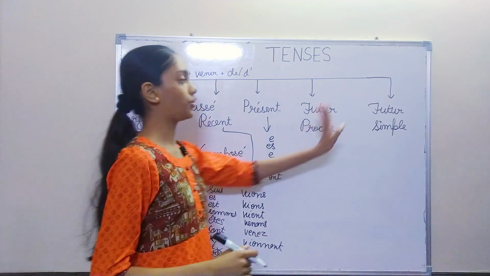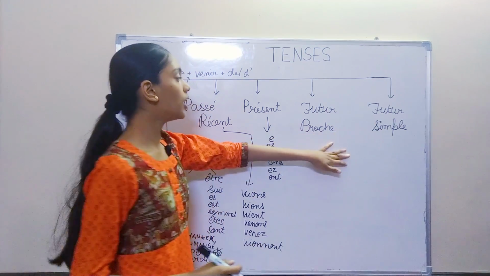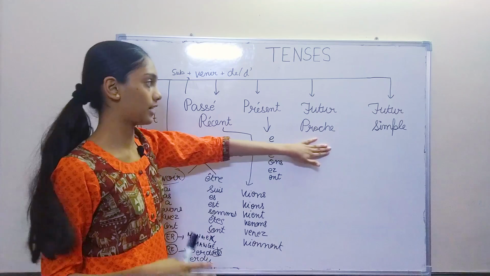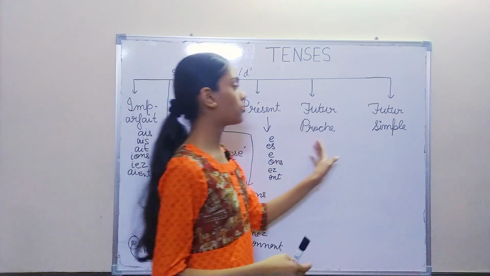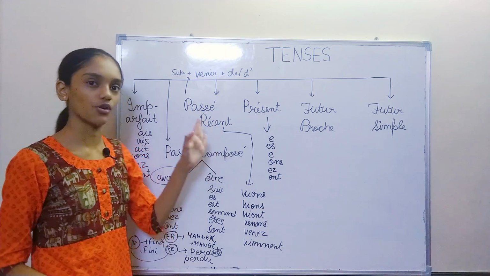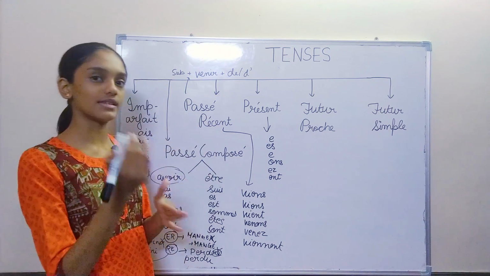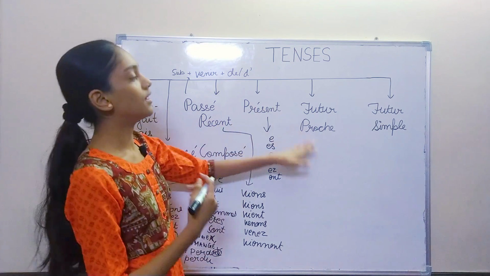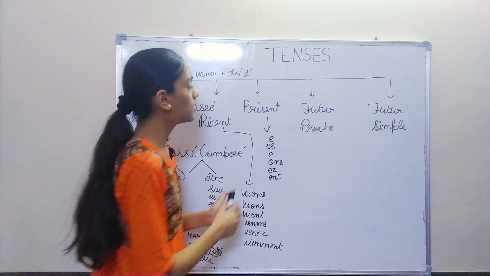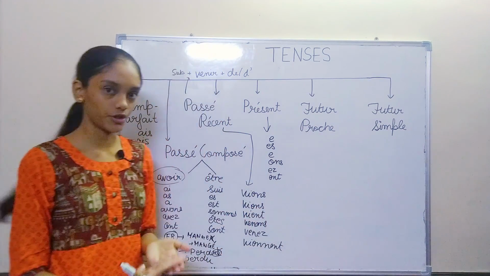Now moving on to the future. We'll discuss two types in which we can do the future. It's Futur Proche and Futur Simple. Futur Proche is similar to Passé Récent. In Passé Récent, it's the recent past. Similarly, Futur Proche is the near future. So how do you form Futur Proche?